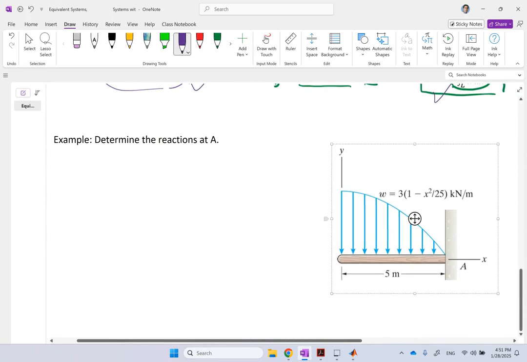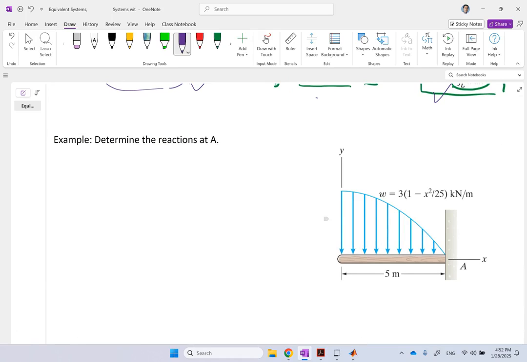Okay, now to practice that, let's look at this example here. So here we have a cantilevered beam on the right side, and the X is measured from here actually. And the load that you have is a parabola. So at X of 0, this load is basically 3, right?